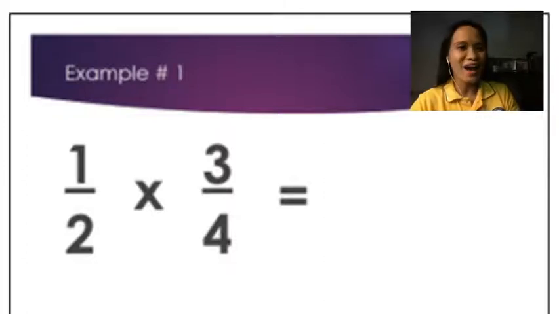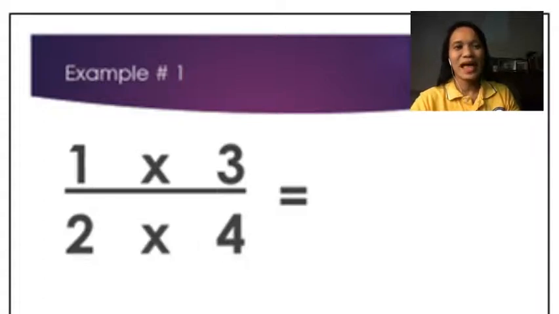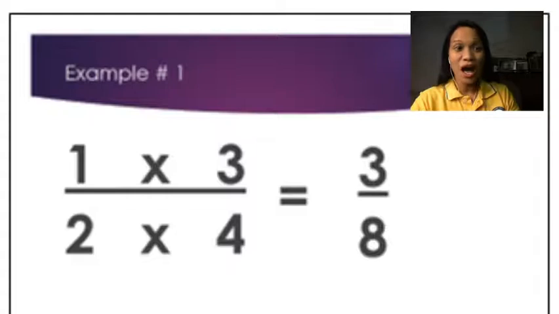But guess what? Multiplication and division go so well together that we can rewrite our problem to look like this. It looks like two multiplication problems that are being divided. And if we go ahead with the multiplication, we will have 3/8. Another fraction for an answer.